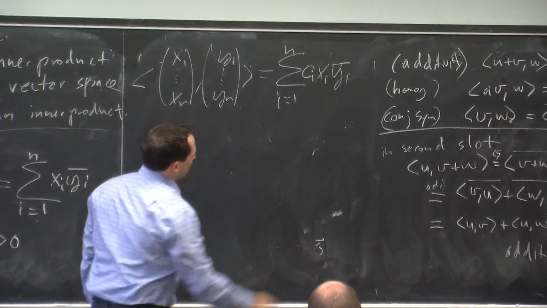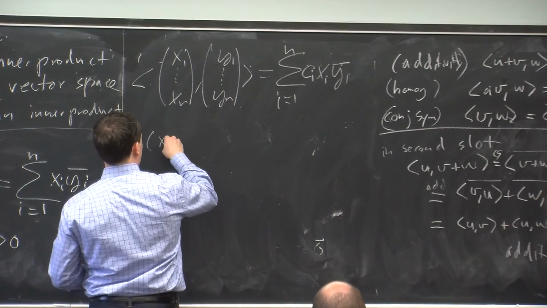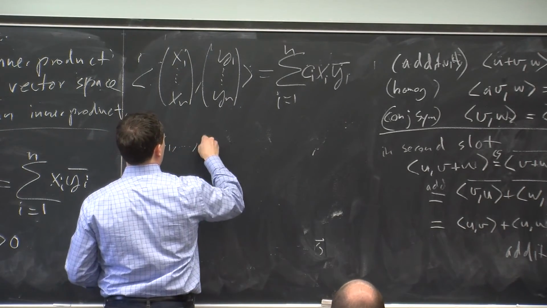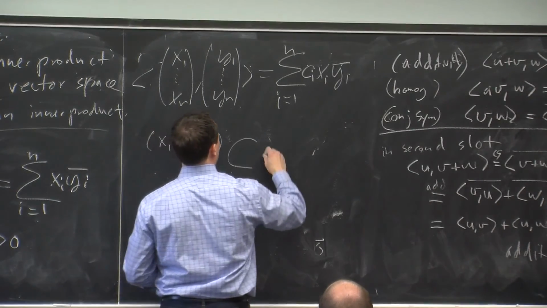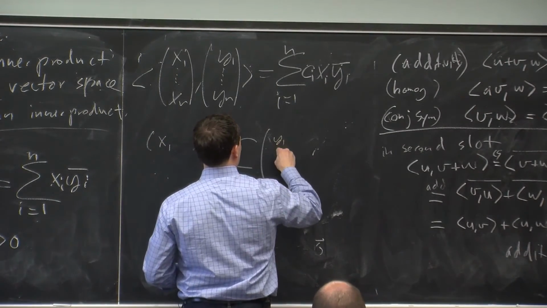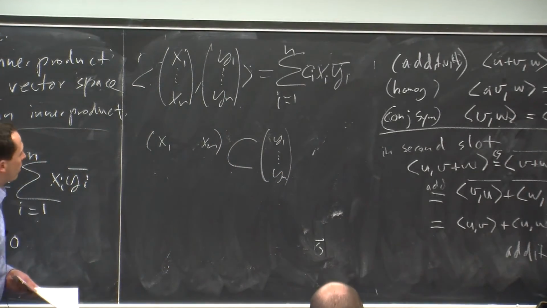You could think about this as being a matrix multiplication. That is, I have x written out this way, and then we have a matrix C, and then we have y written this way. Let's say everything is real, for example.